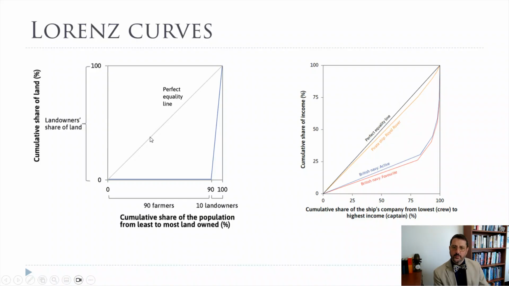And what we're comparing that to is this line of perfect equality, or the 45-degree line. That is just a straight line from 0, 0 to 100, 100.